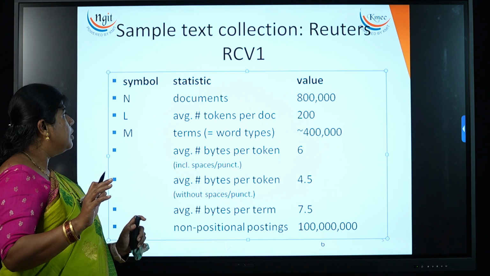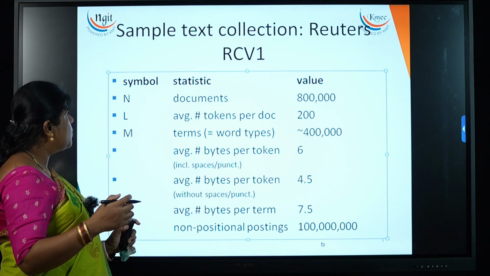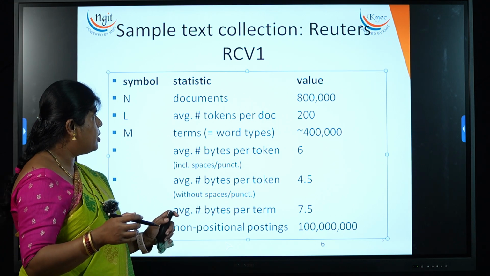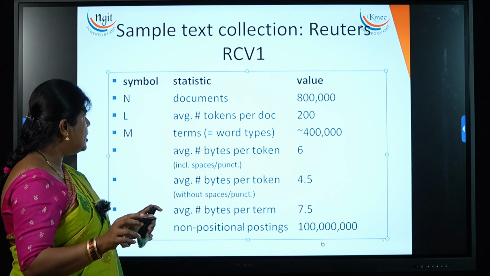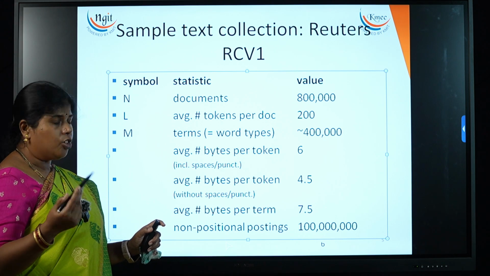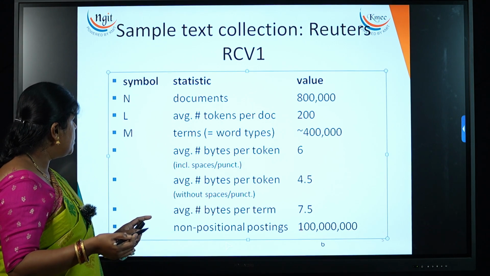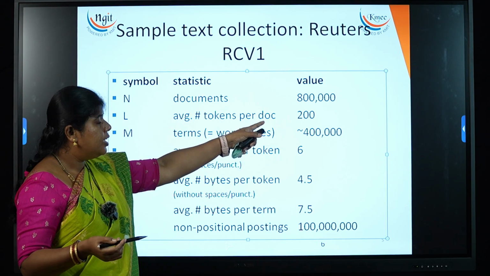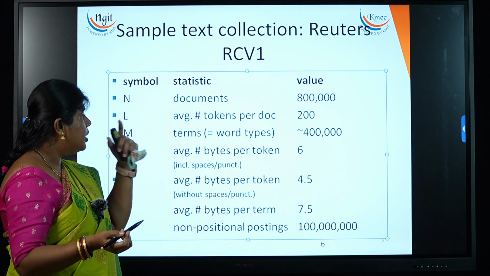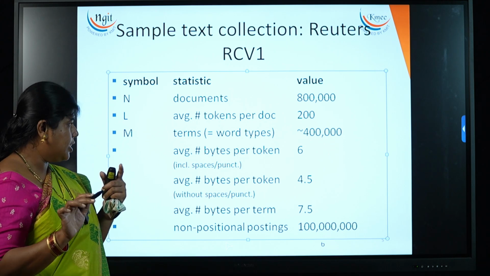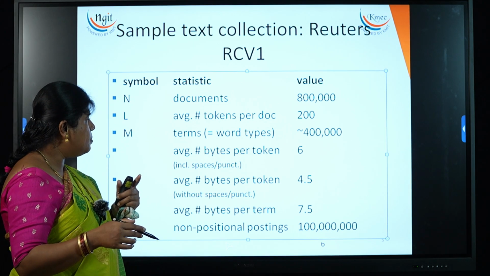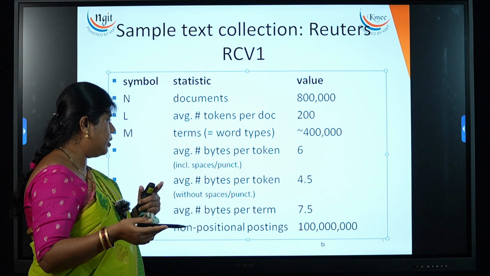Now, just have an analysis. This is one of the compression datasets, that is Reuters RCV1, and it is telling us the document statistics. Suppose you are having 8 lakh documents, then the number of tokens per document is 200, that is just an average. Then the terms are nearly 4 lakh.